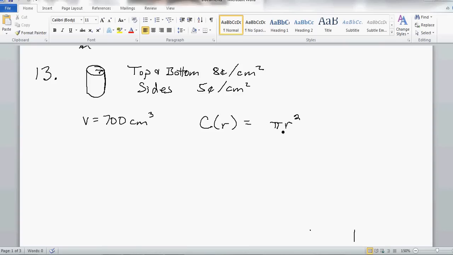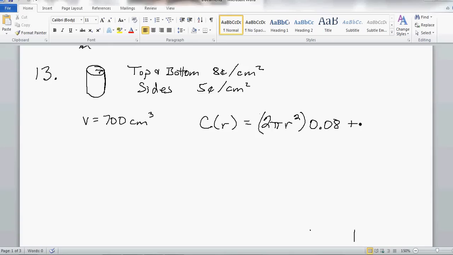But we have 2 of those because we have both the top and the bottom. So we're going to have to take that times 2. And all of those cost 8 cents per square centimeter, or per every unit in the area of that.